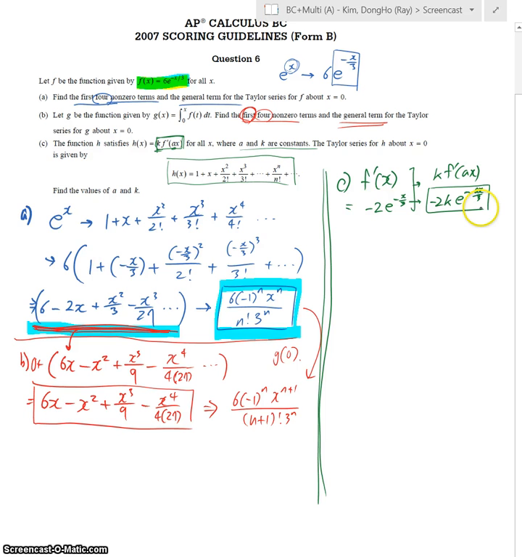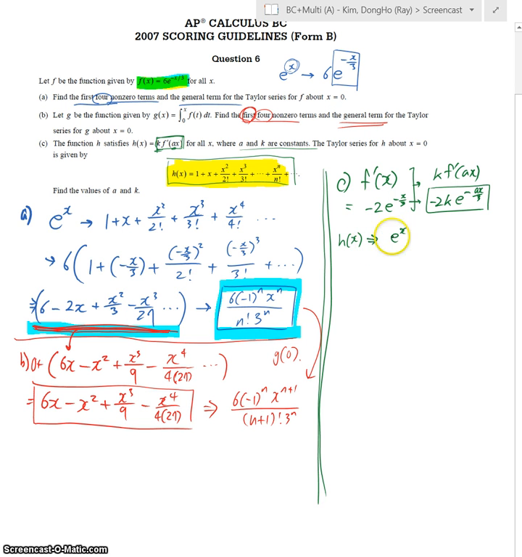That's h of x. And we're given that h of x equals that, in terms of a Taylor series. That looks very familiar to us. It's the Taylor definition of e to the x.